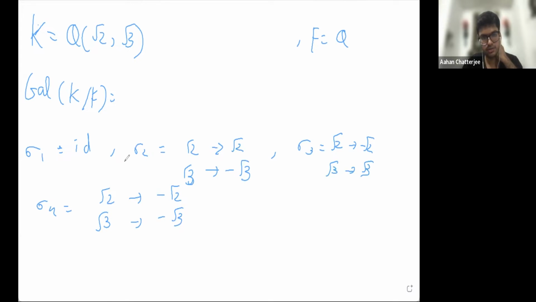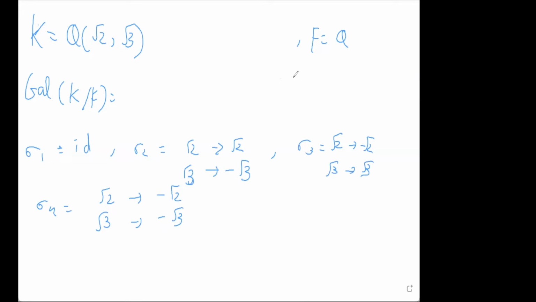So you define automorphisms by defining the basis elements like this: sigma 1, sigma 2, sigma 3, and sigma 4. So we get that Gal(K/F) will be... How do you show that there are no other automorphisms?